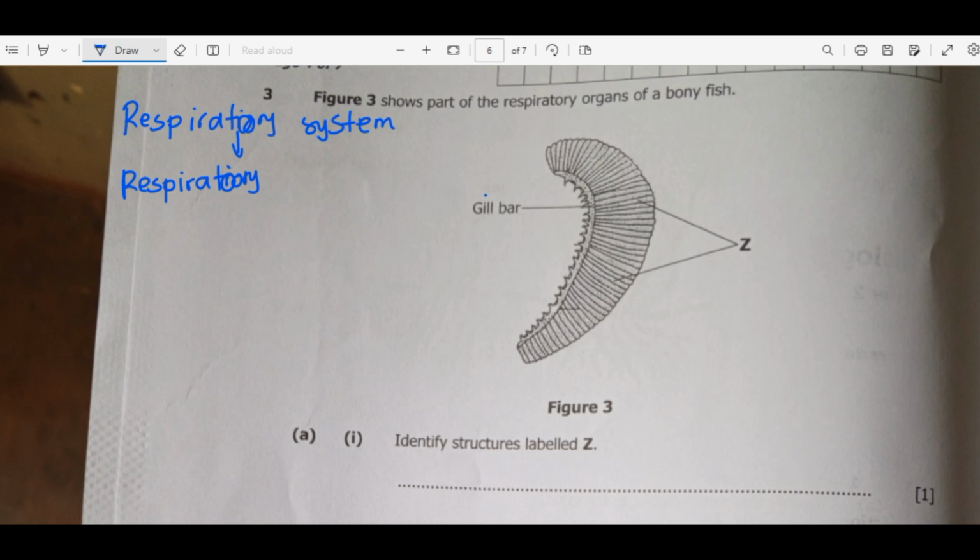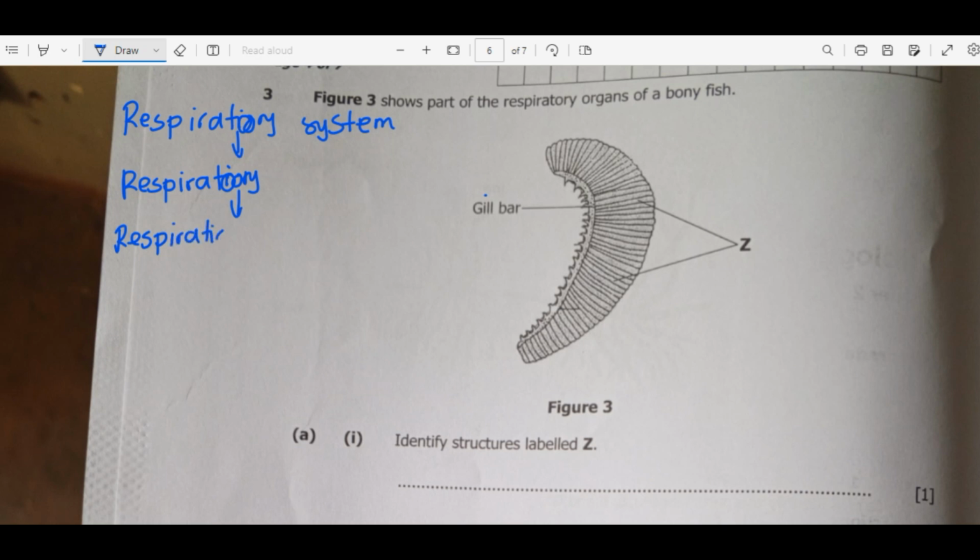If you look at the digestive system, there are digestive organs responsible for the process of digestion. We also have the reproductive system and the nervous system, so there are so many systems that we have.